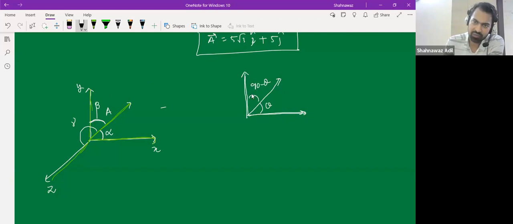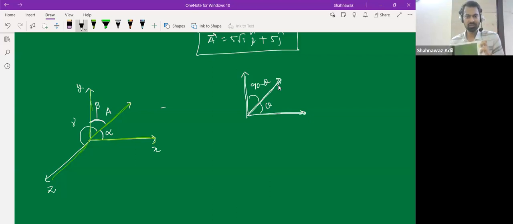If my vector is on this screen only, in the same plane, with an x axis and a y axis, then whatever angle it makes with the x axis, the y angle would be its complement, when the vector is in this xy plane.